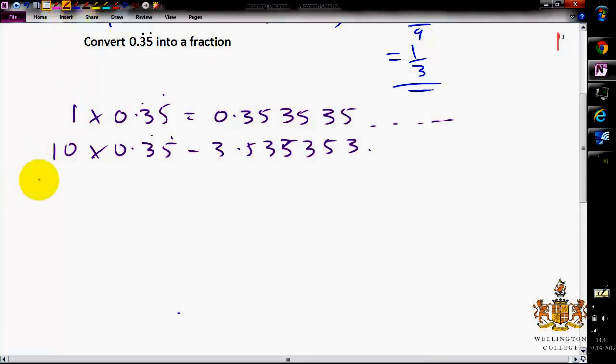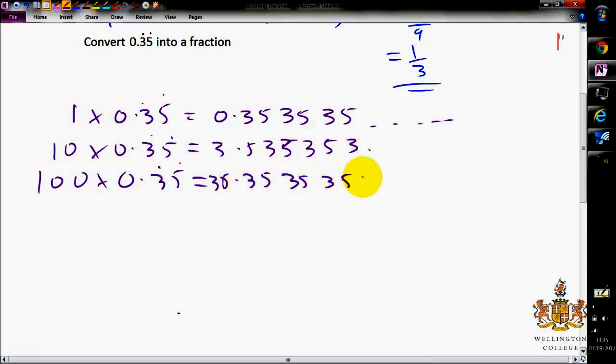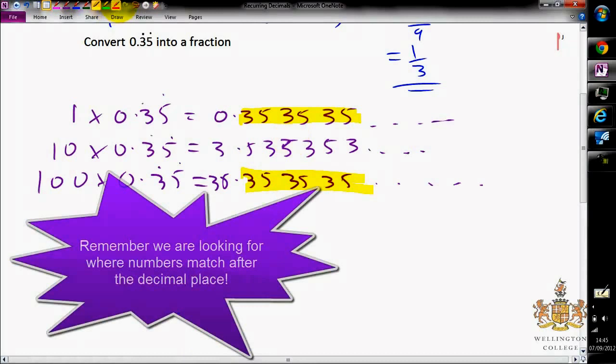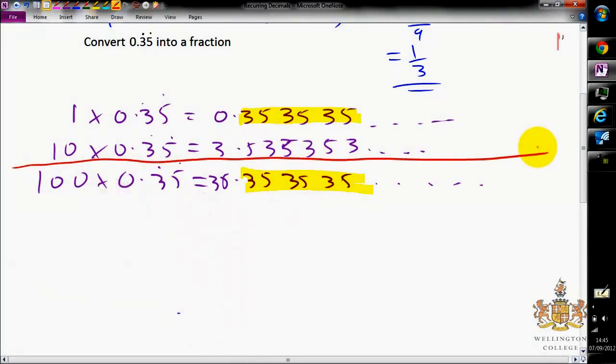See if that gets us any better off. So 100 times 0.35 recurring equals 35.353535 and so on. And now we can see that the 3535 matches there and the 3535 matches there. So what we're going to do, I'm going to divide off my working page so only look at the stuff below the red line from now on, is I'm going to take that one up there that matches away.